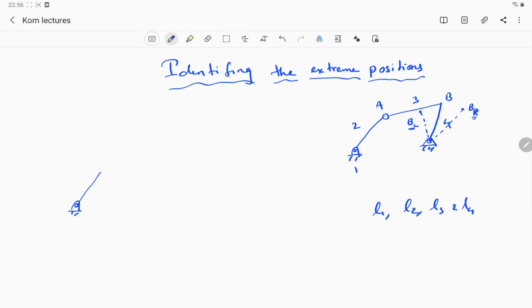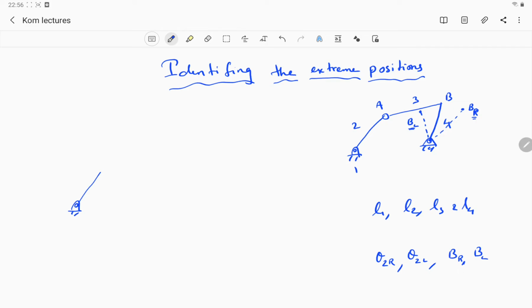So we need to identify theta 2R and theta 2L, the values of theta 2 for these extreme positions, and also I need to know what BR and BL are. Those are the main things I need to know.